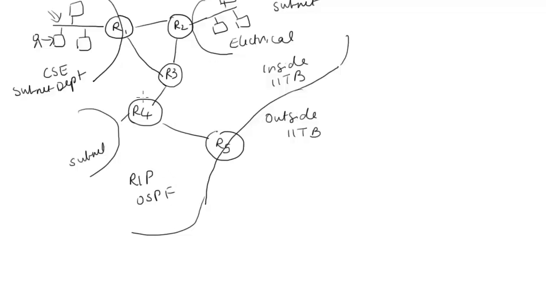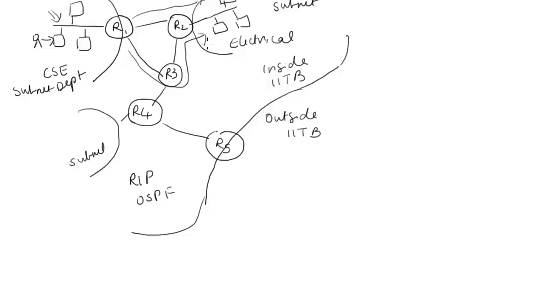Based on this, they know how to reach the different subnets. For example, if you have a packet for someone in the electrical department, the router R1, by participating in this, will know that the path to this is maybe like this. Or maybe if this is more expensive, it may also send like this.